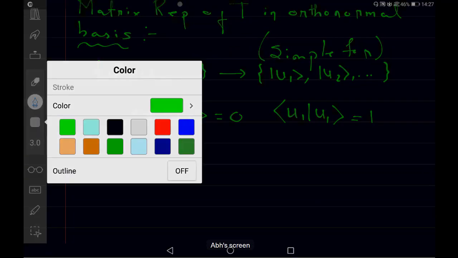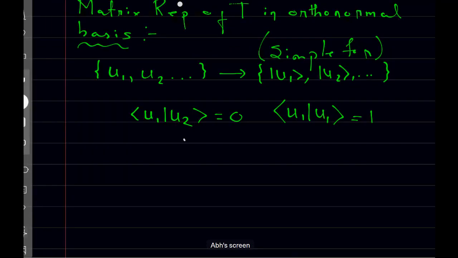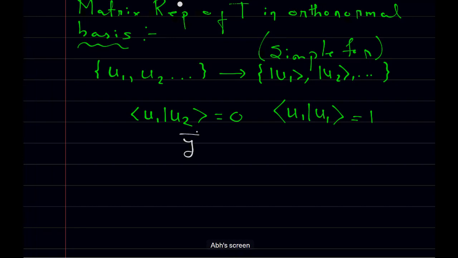So consider, what is T? As I said, there is some y which you get by acting T on x, and y can be written as y_i u_i. Sorry for the change in notation, I could have written u_i, that would be better.